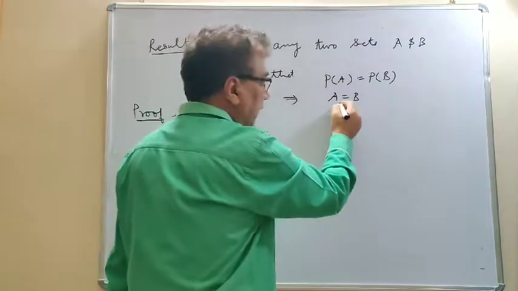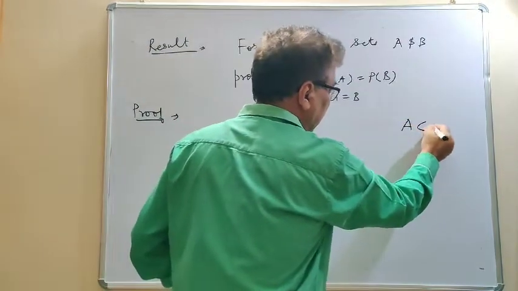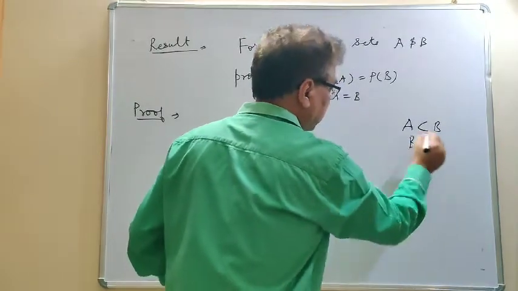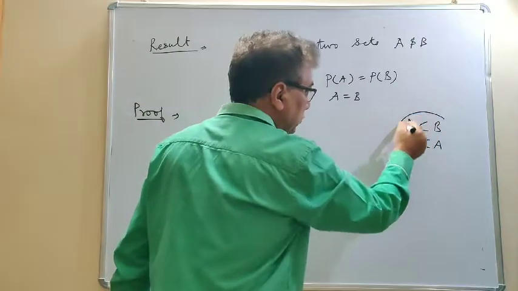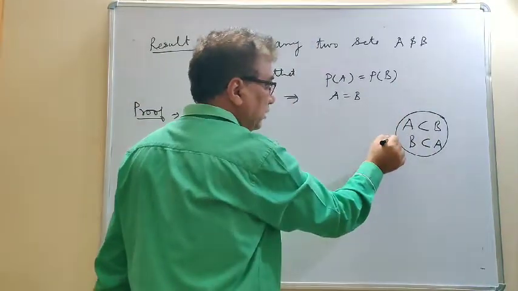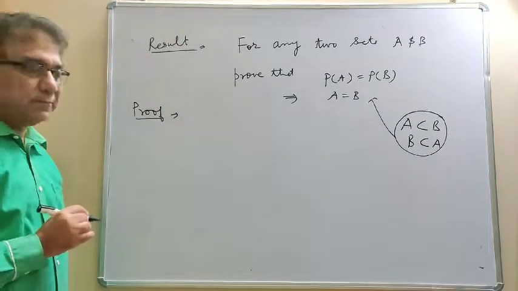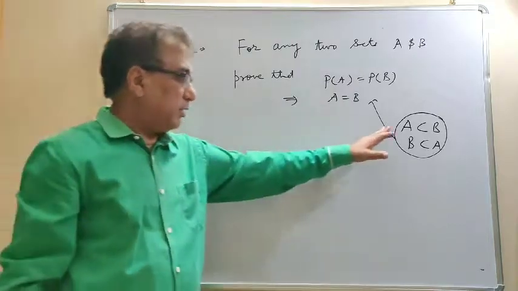And we know that when two sets are equal, each one is a subset of the other. In other words, we have to prove these two relations, and based on them we can tell that A is equal to B. So how to prove this part?